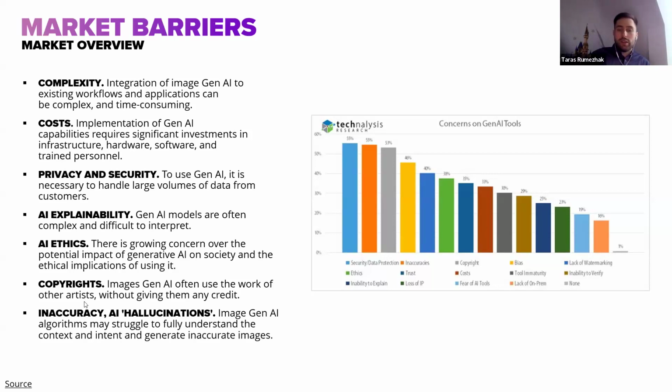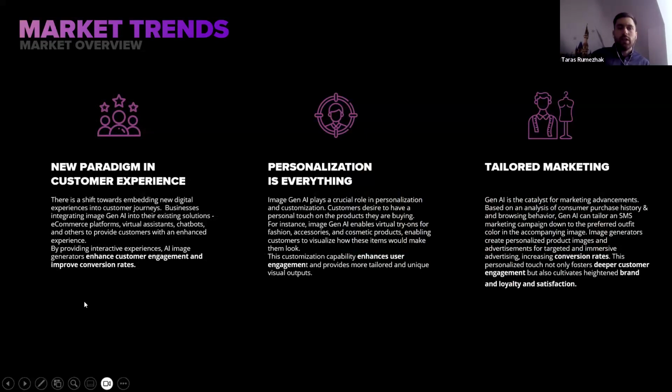Okay, let's proceed. Market trends as well: customer experience, personalization, and tailored marketing. As I've shown with the product variations with a lighter or darker background for the image, in Facebook advertisement or in other platforms, they know a lot about us and our preferences.